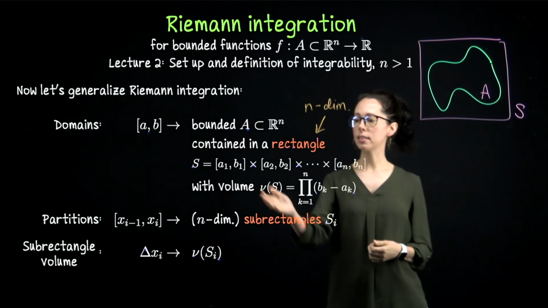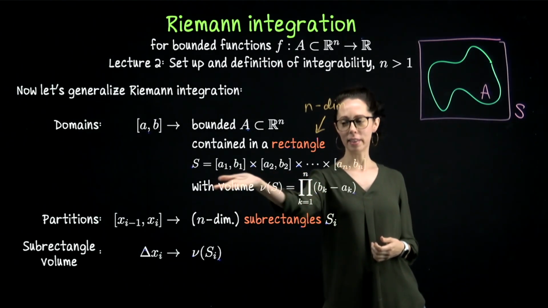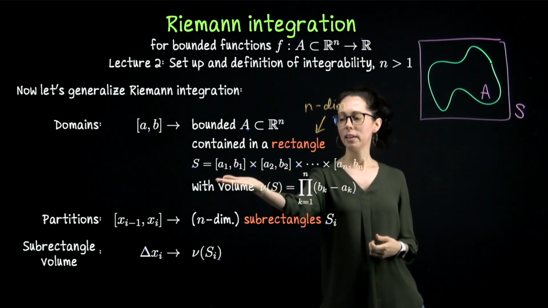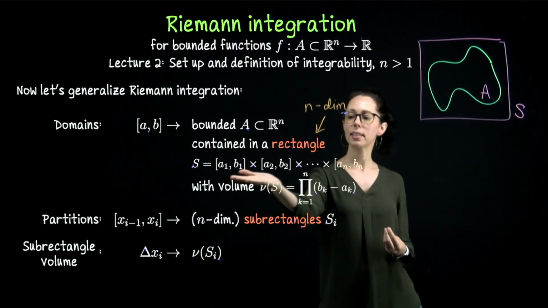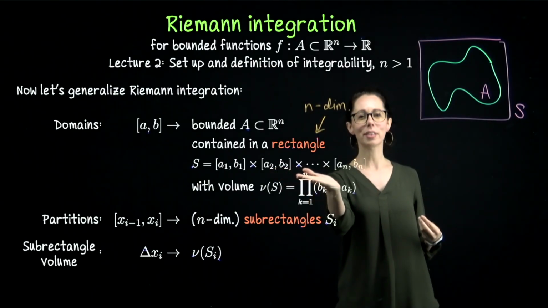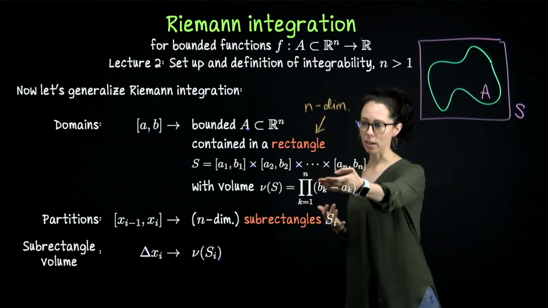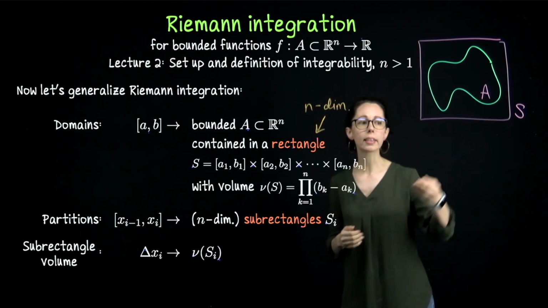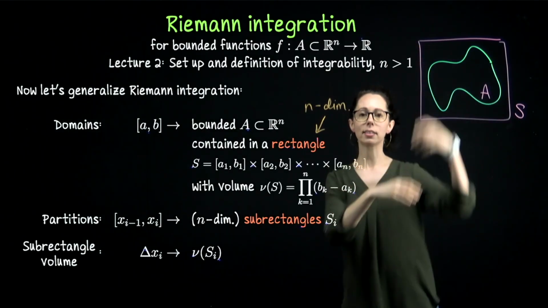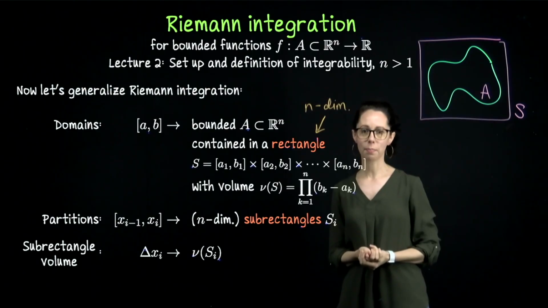And then the sides of the rectangle are written this way, meaning this is like an interval on the x-axis, this is an interval on the y-axis, an interval on the z-axis, or actually however many coordinates we have. By writing it as this Cartesian product of closed bounded intervals, we're saying that the sides are parallel to the coordinate axes. It's just the easiest type of rectangle for us to work with.